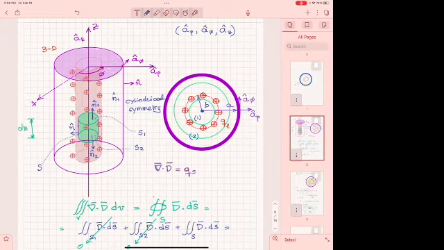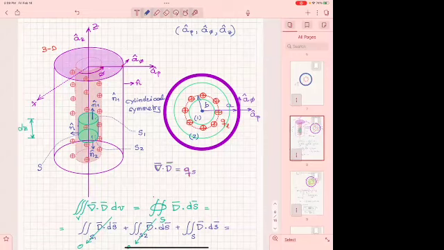Now we will assume that this L section is part of a longer cylinder that has all of these charges that sit on this imaginary cylindrical surface, and then it's covered outside with a cylindrical conductor. So what we do is find a cylindrical surface inside the charges, which is the green one.